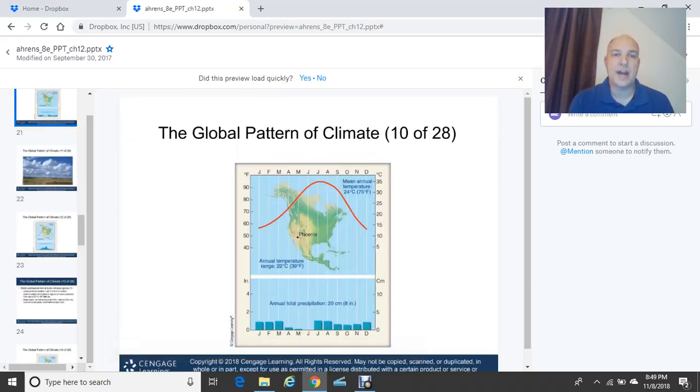So the global pattern of climate, if we were to look at Phoenix, Arizona, for example, right? We can consider Phoenix, Arizona more of a semi-arid climate because they do get a little bit of rain. Okay, it's not completely dry year-round in Phoenix. They do get an uptick in rain a little bit towards like February, March.